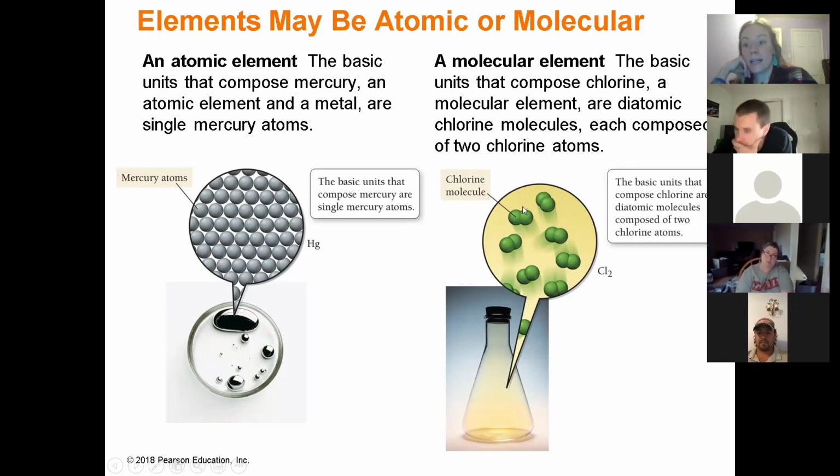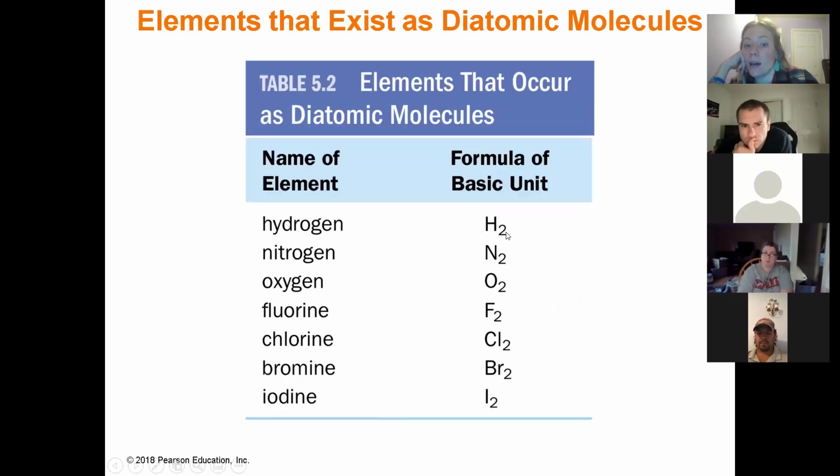Chlorine is a diatomic. Its base unit is two chlorines paired together. That's why it's called molecular, because its most basic shape is a molecule, meaning it's more than one thing. These are the diatomics. All right, have no fear of ice cold beer, but cold is chlorine, not carbon, and beer is bromine, not boron.